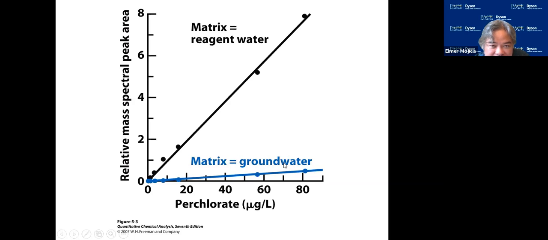This is the matrix that you have, a groundwater, and this is the reagent water. When you do standard addition here, this is linear on this one, and this is linear on this one. As you could see here, the matrix of the groundwater is more complicated than the reagent water. As seen here, you have lower signal compared to the one that has the reagent water.